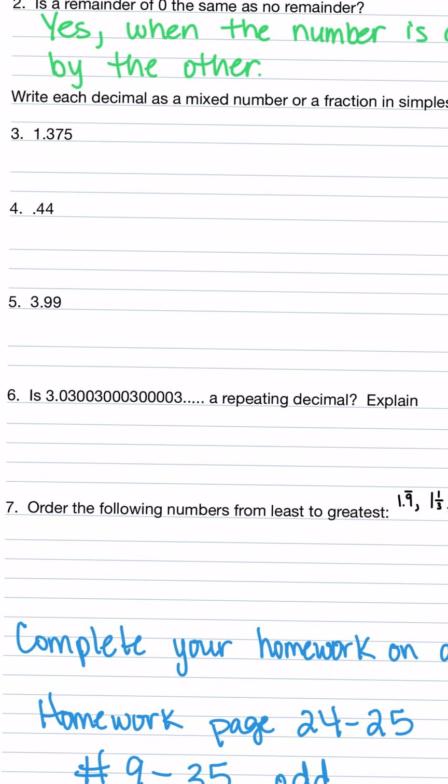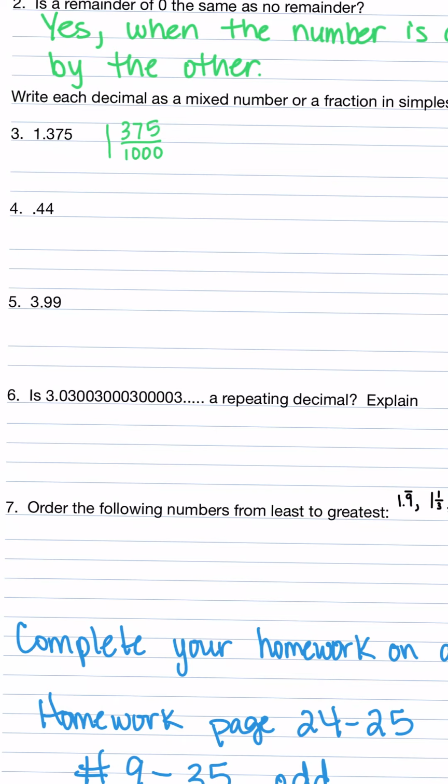So write each decimal as a mixed number or a fraction in simplest form. So you'll want to start out with 1 and 375 over 1,000, because it's the thousandths place. And that is going to be divisible.